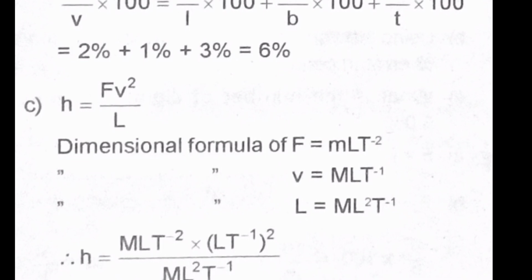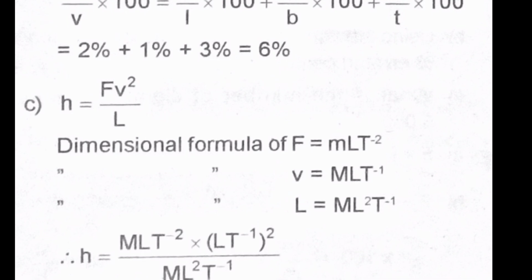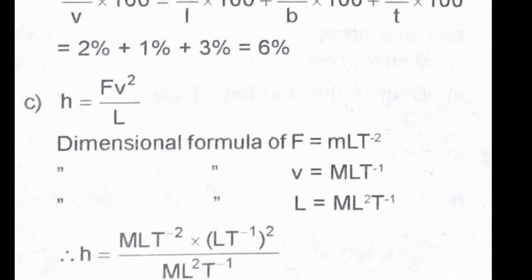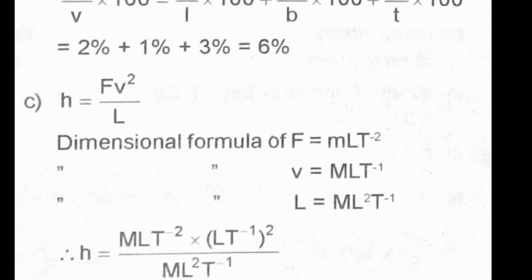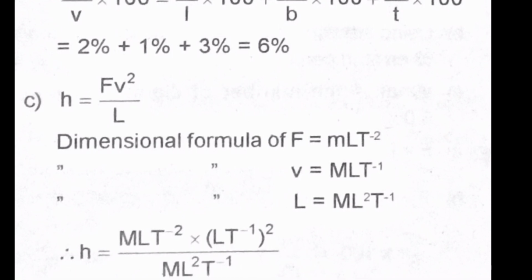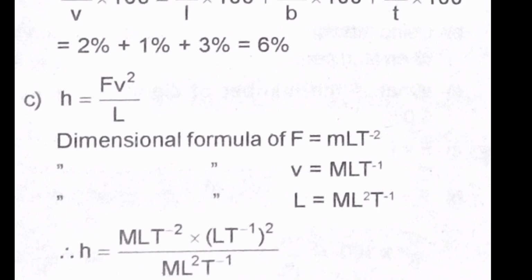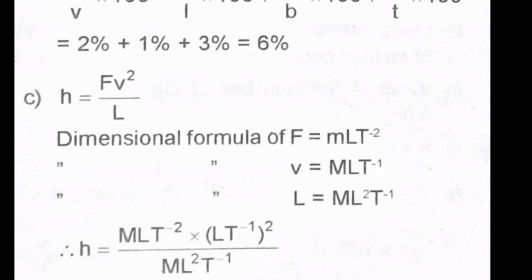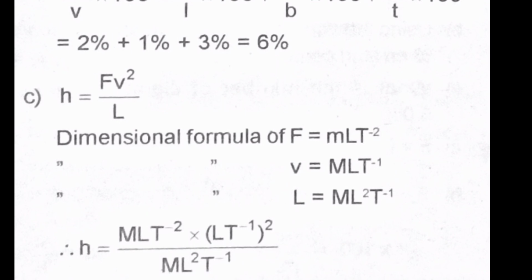If it is very difficult to remember all the terms and equations of angular momentum, we can easily find it from the unit. What is the unit of angular momentum? It is kilogram meter square per second. So you have to remember only the unit. How can we find the dimension?